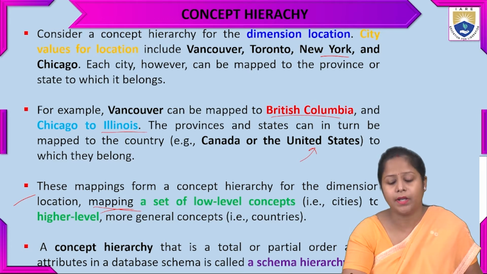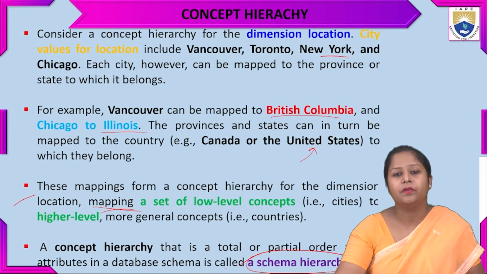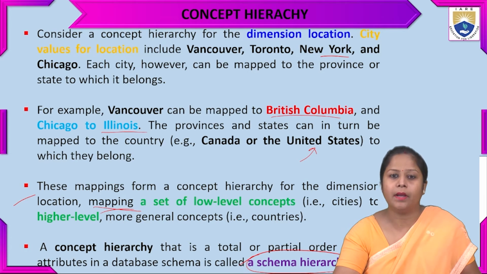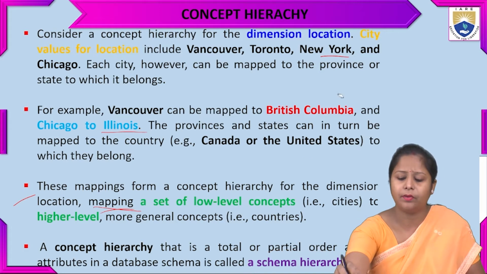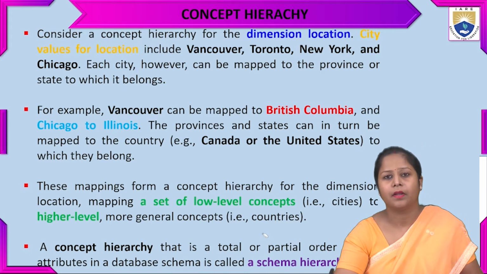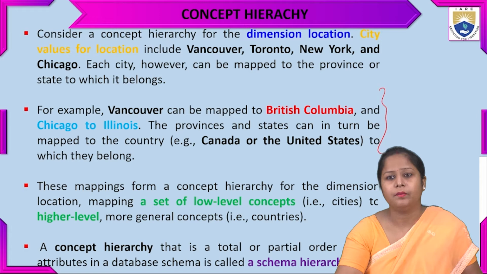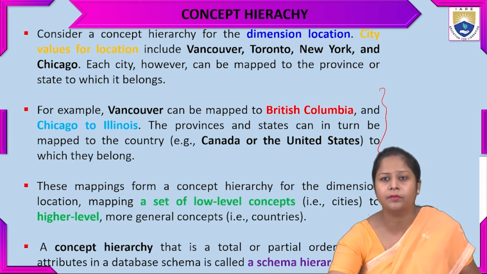So for the schema, we call that concept hierarchy a schema hierarchy. The term is very useful while we are doing the mapping for the different levels, different dimensions. So that was all about the simple terminology of the concept hierarchy.